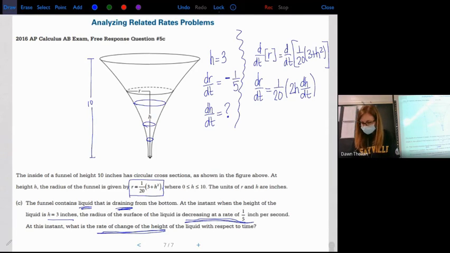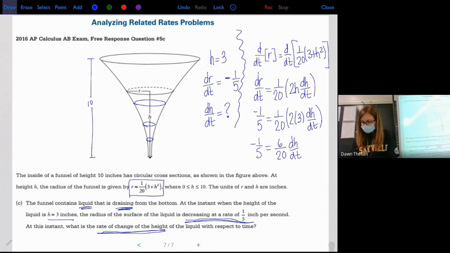We were given dr/dt is -1/5. We were given our snapshot when 3 was the height. And so now we're just solving. So I've got -1/5 equals 6/20 dh/dt.